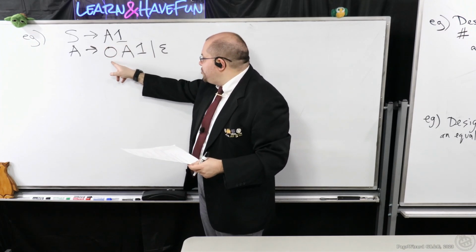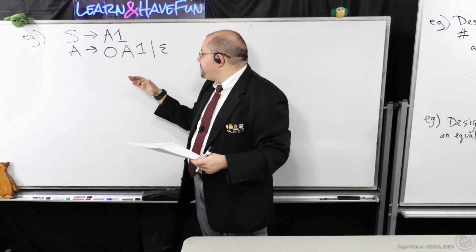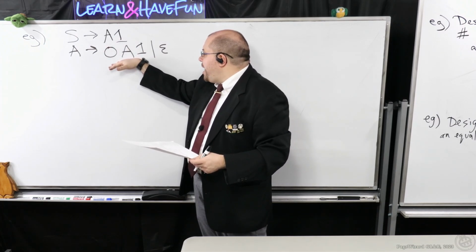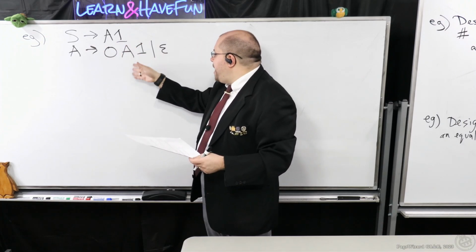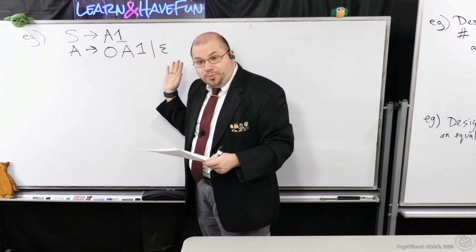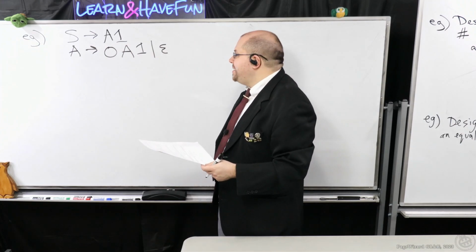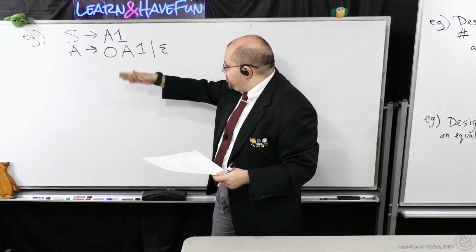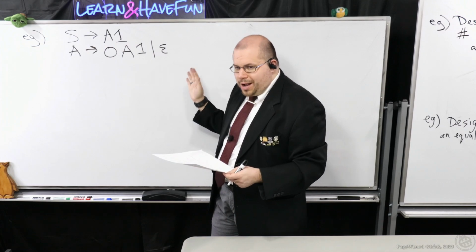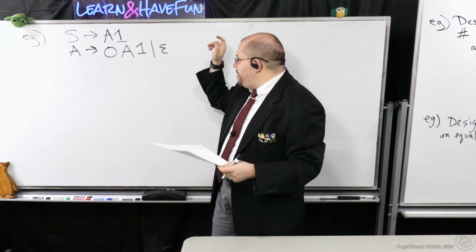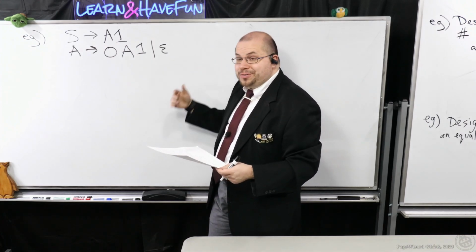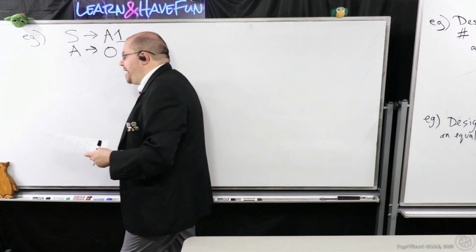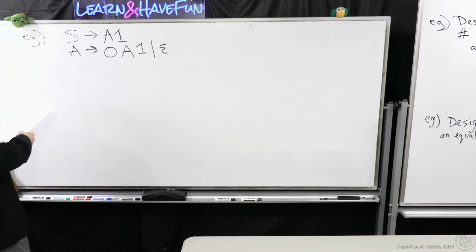If I introduce this to replace A, then I would have 0 A 1. Introducing a 0 and A, then there would be a 1 right beside the 1, right? And if I did this again, I would have 0 0 A 1 1 1. And I can always stop this process whenever I want to replace A with the empty string.